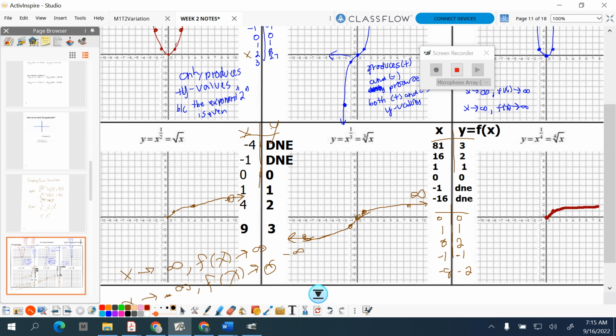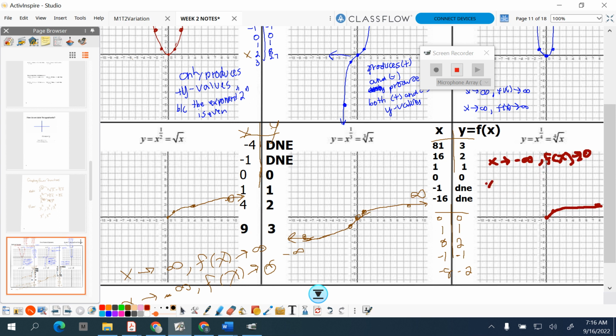And it's increasing, but very, very, very slowly. So as x goes to negative infinity, my y values go to 0. So if I go to the left, if you look, my y values literally stop at 0.